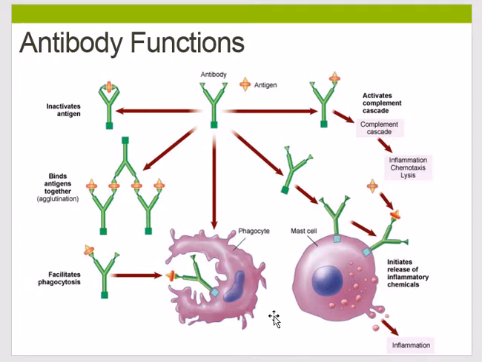And we have learned that mast cells are also involved in the inflammatory process. Antibodies can attach to these mast cells, and then the antigens can attach to the antibodies, which then initiates an inflammatory reaction with chemicals in the body.